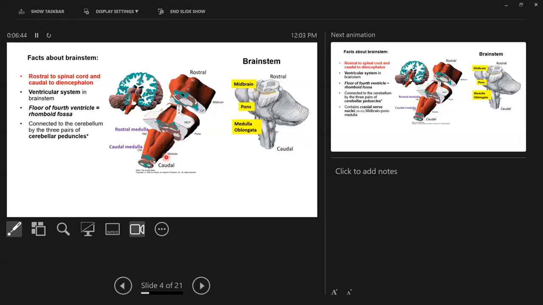Next is the idea that the brainstem is connected to the cerebellum, once again, by the three pairs of cerebellar peduncles. These are illustrated here as the cerebellum has been removed. The cerebellum is still attached in this illustration, coming from the ventral point of view.